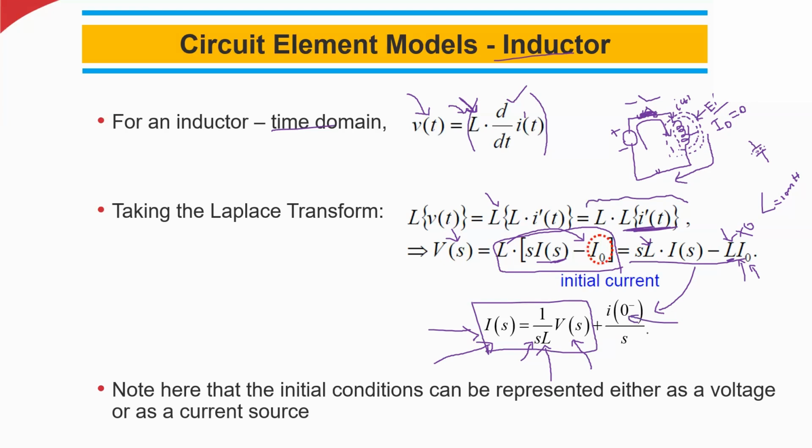Sometimes we also have to consider this term. Whenever you have the inductor in the time domain, when you represent it in the S domain, you have to use this formula, 1 divided by SL times V of S. Note here that the initial condition can be represented either as a voltage or as a current source.